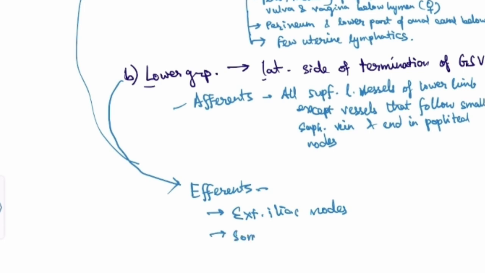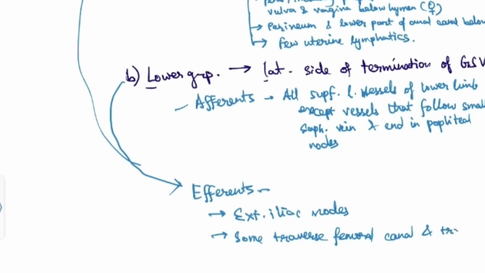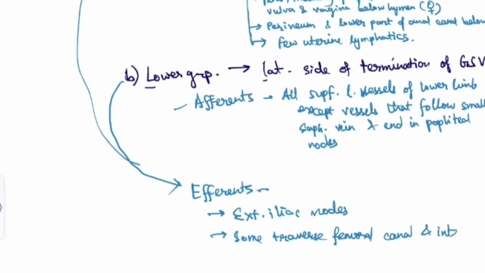Then some traverse the femoral canal during their path, and they are intersected by the deep nodes.